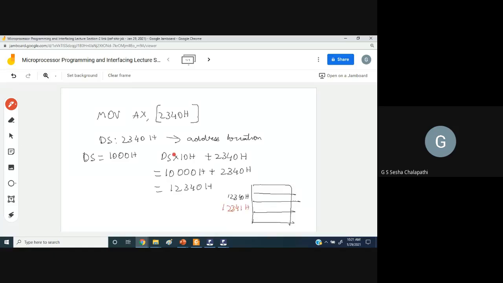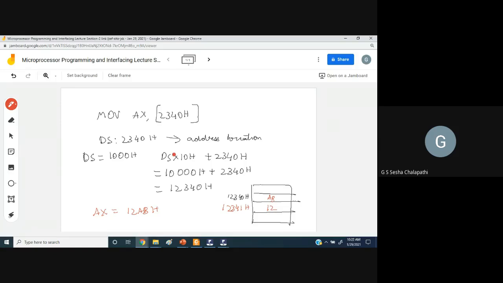Let us say the values are AB and 12. These values will now be put into AX, so AX will become 12ABH. Now you may ask, sir, why did you write 12ABH? Why didn't you write AB12H?